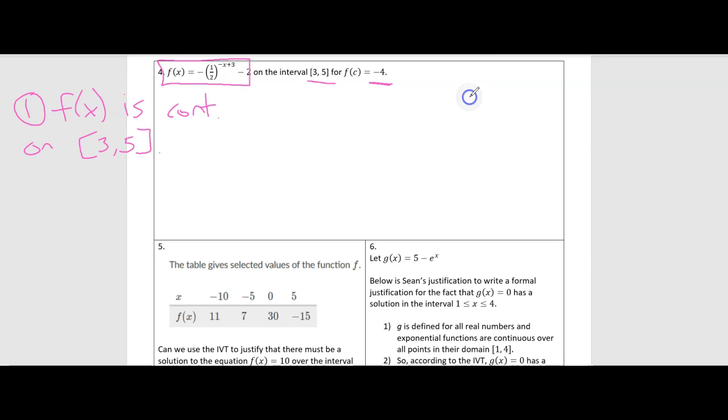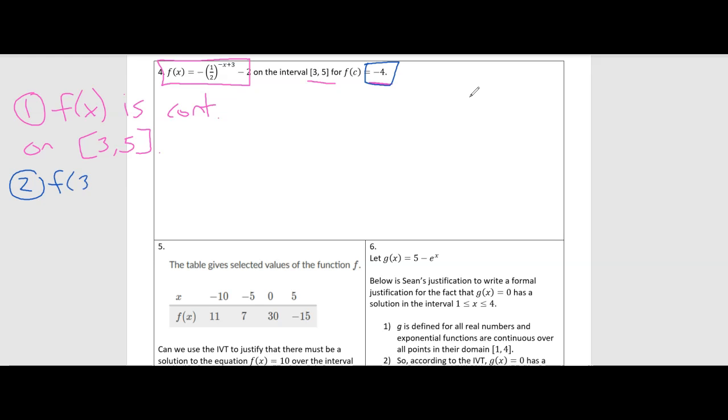Let's check to make sure that that y value, or that L value, which is a y value, it's also an f of c value. It just kind of depends how you're thinking of it based on the theorem we wrote down. We need to make sure that's in between f of 3 and f of 5.